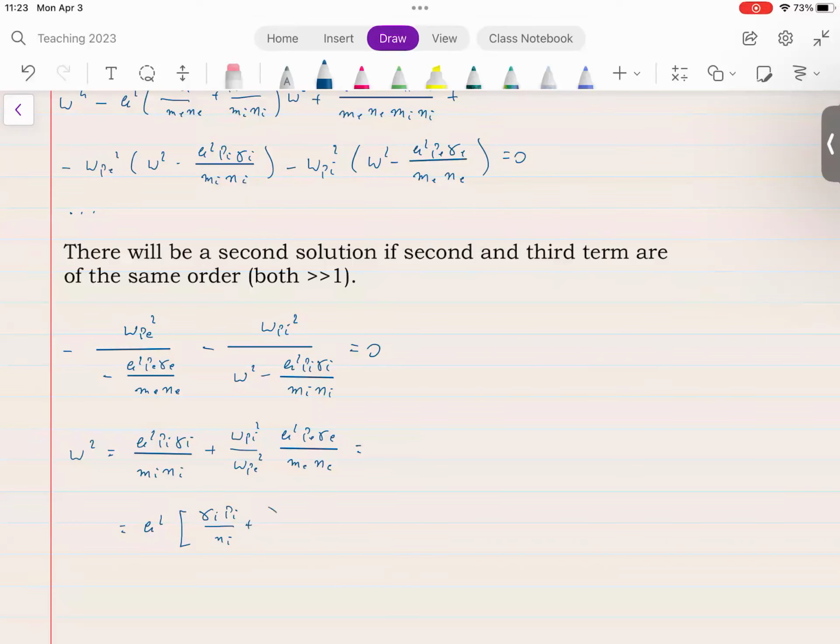Pressure over density with temperature, the way we did before, plus gamma electrons T electrons, everything divided by just the mass of the ions. Hope I didn't lose any pieces, but the result looks reasonable.